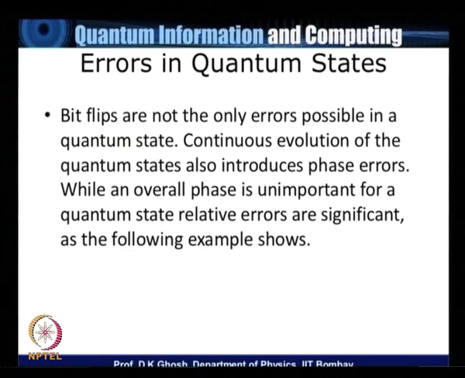The other problem is, while in classical computing the only possible error was that due to a flipping of a bit or flipping of bits, in case of quantum states there are different types of errors possible. Remember that quantum states evolve continuously.